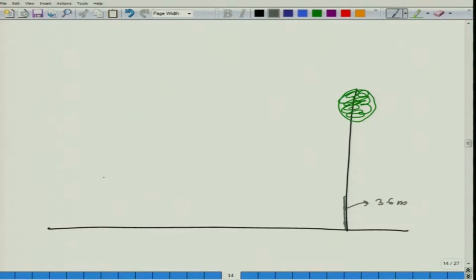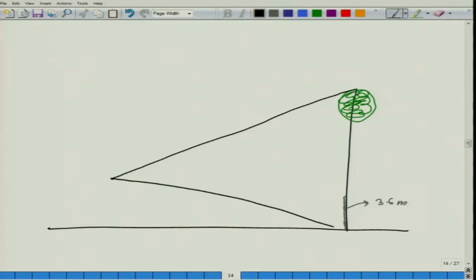Now, the observer stands at a distance from the tree and ensures that when he is looking at the top and the bottom of the tree, he keeps the hypsometer in such a way that the top and bottom of the tree subtend the same ray as the top and bottom of the hypsometer. And then he looks at the top of the staff and takes a reading h.